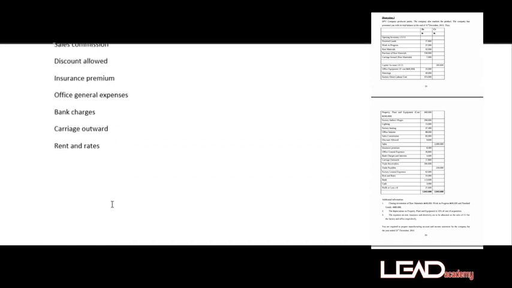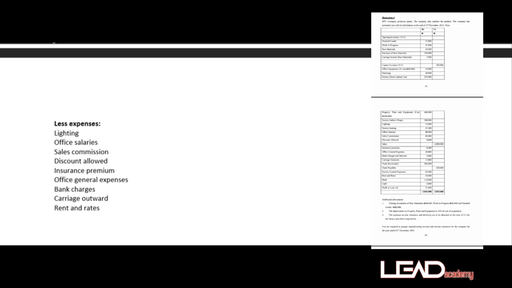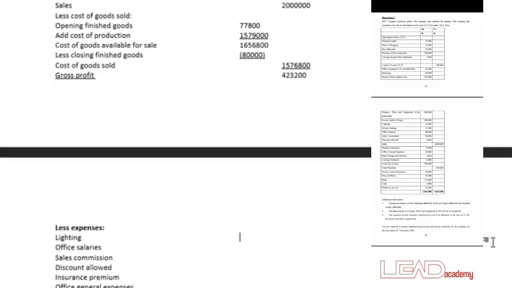Since I have listed all my expenses, lighting is 5,000 naira after we have calculated our apportionment, which is the apportionment for factory, 1, divided by the total ratio, which is 2 plus 1, which is 3, then multiplied by the cost of the expenses. So after we have done that, our lighting was 5,000.